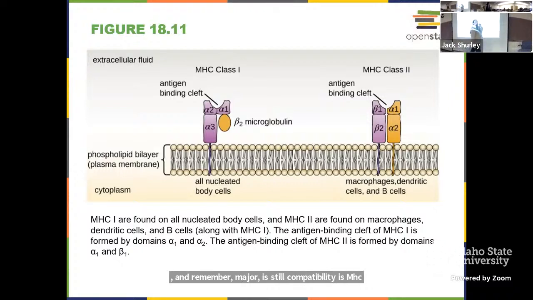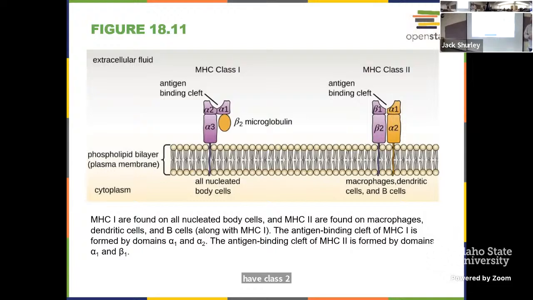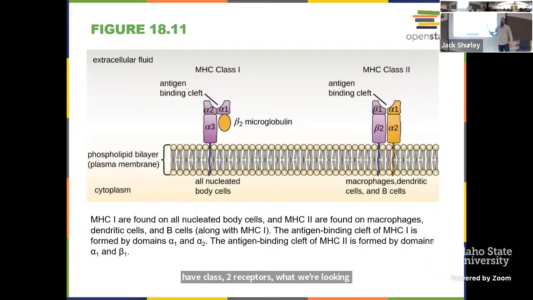And when we think about some of the white blood cells, they also have class 2 receptors. So what we're looking at could be something like a macrophage, a dendritic cell, or a B cell. These are the cells that also have this. And this is what lends to their potential for communication, recognition of the foreign substances, and communication about what they have found.